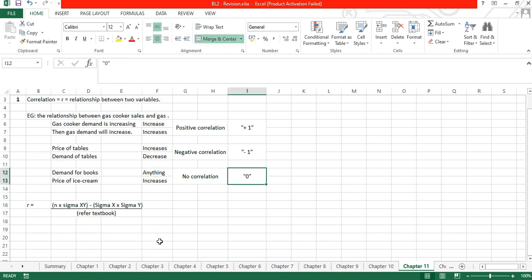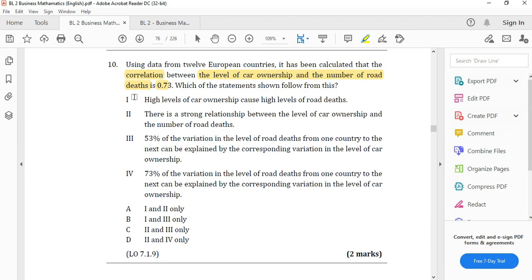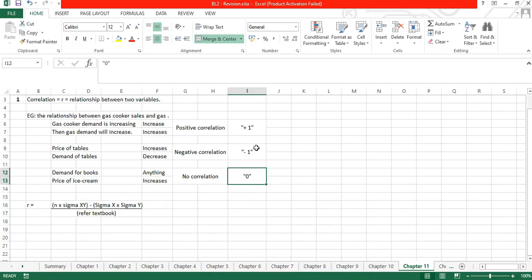So now the question. A correlation of 0.73 means it is close to 1, if you draw it on a number line. It's a plus answer, and it is close to plus 1.